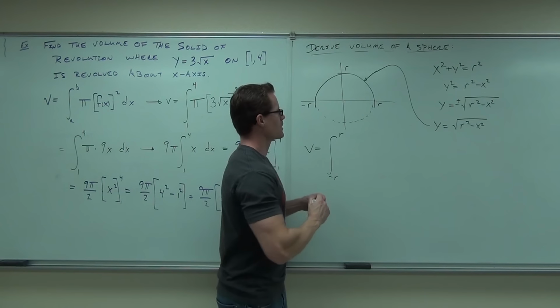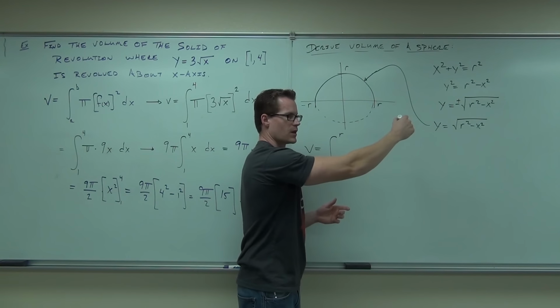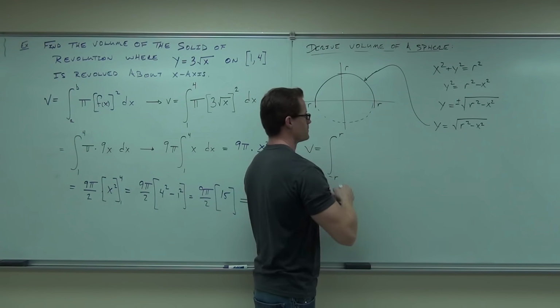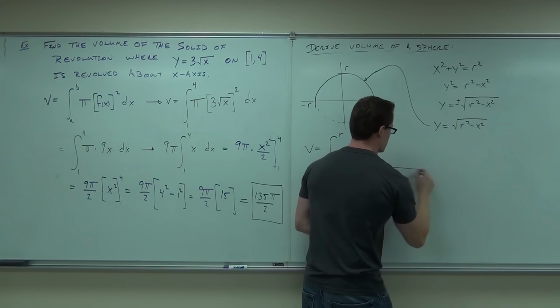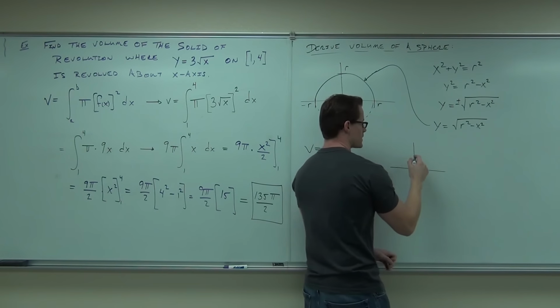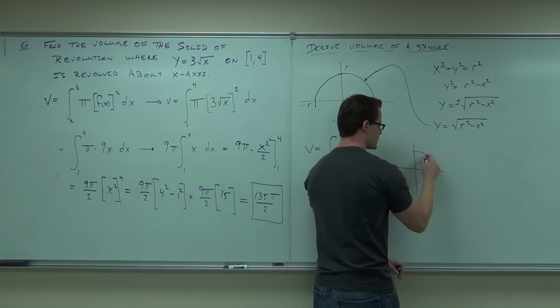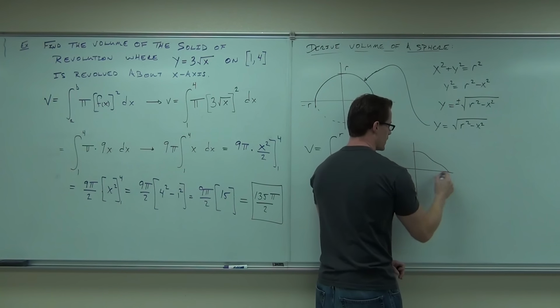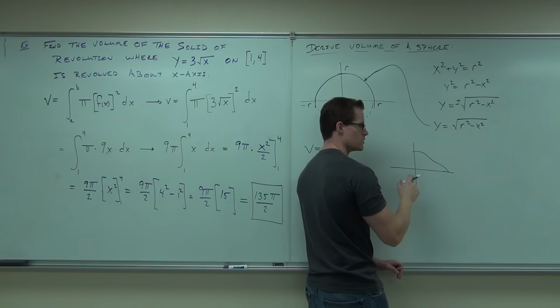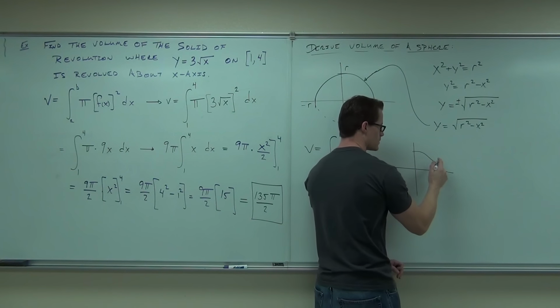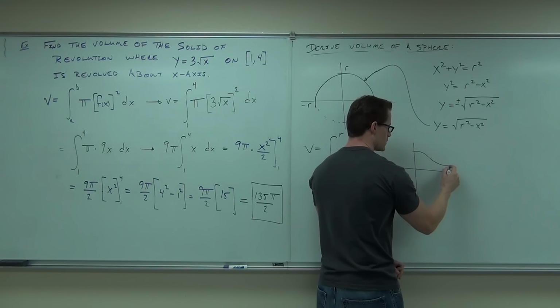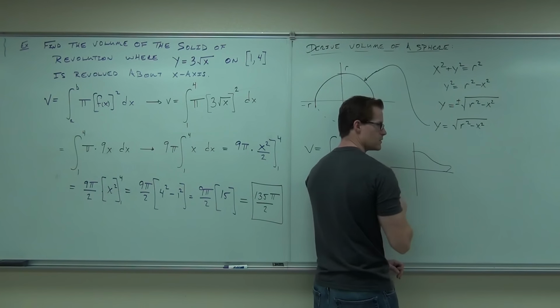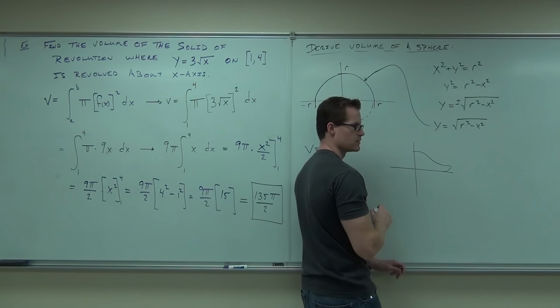It could be angled downward as well, as long as it doesn't do this. Here's the difference. It can do this. It can do that. What it couldn't do would be this. It can't come back on itself, but it can, as long as it's going outward.